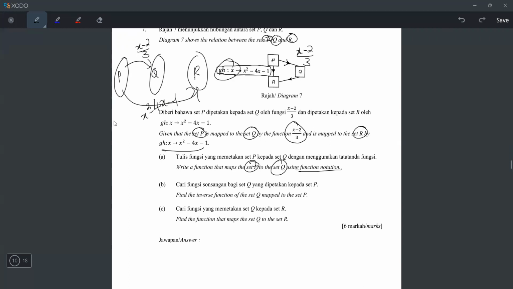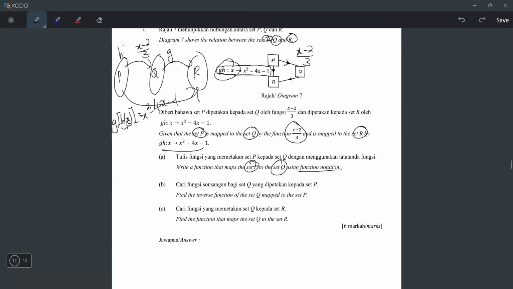But what they mentioned is gh(x). So can you tell me, if it's gh(x), which one is inside? h(x) is inside. It means P to Q is function h and Q to R is function g. Because P to R going straight through is a composite function, gh(x).